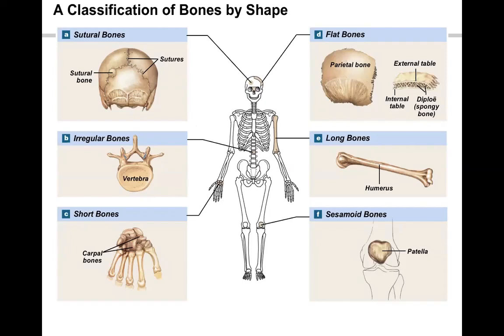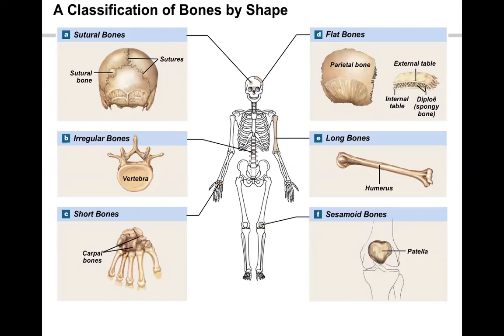Irregular bones. Irregular bones have a complex shape with short, flat parts. Usually they have spiky ends, and the best example is the vertebrae. You can see these are the different spikes in the vertebrae, and these are irregular in shape.